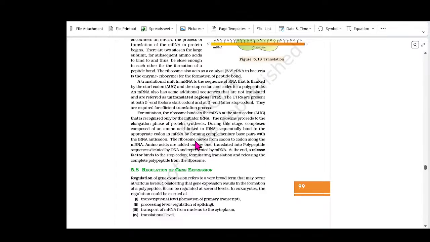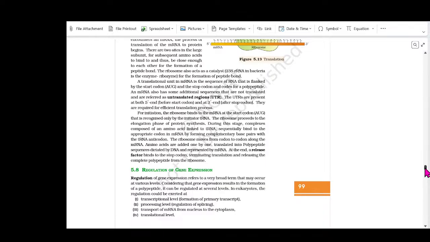The ribosome moves from codon to codon along the messenger RNA. Amino acids are added one by one, translated into polypeptide sequences dictated by DNA and represented by messenger RNA. At the end, a release factor binds to the stop codon, terminating the translation and releasing the complete polypeptide from the ribosome.